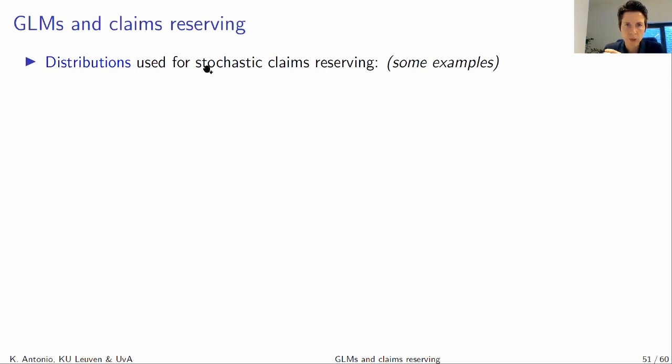Now, which kind of distributions do we often encounter in stochastic claims reserving? Of course, you have different options there and different things you could verify or try on your given triangles. But I'm just going to list a couple of the most common assumptions used in combination with runoff triangle information.